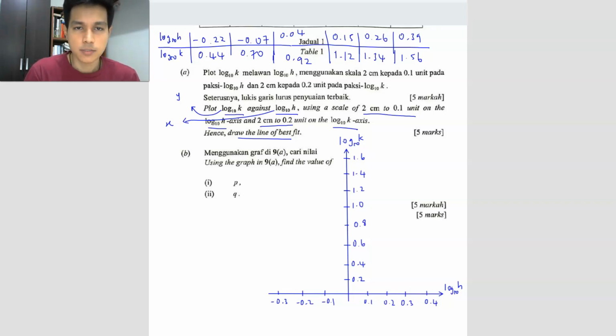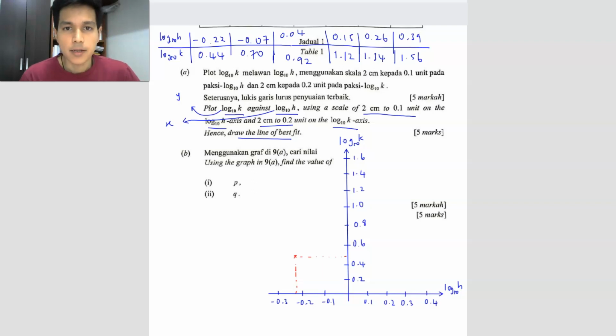So let's plot together. So 0.22 and 0.44. 0.22 is somewhere here, 0.44, let's say it's here. Okay, I'm just doing it roughly, but you all follow your own.